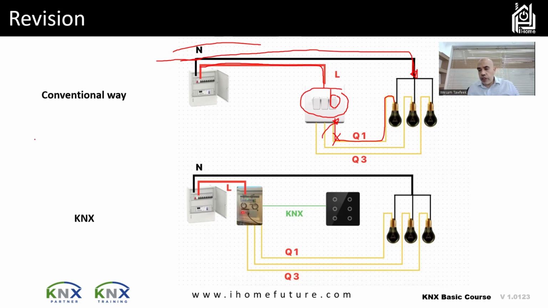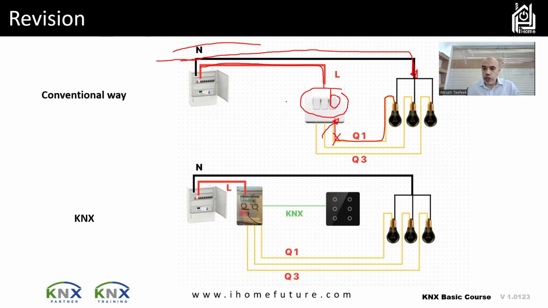What KNX did is to separate that, and this is what all smart home devices did, but KNX is doing it in a different way. KNX said, okay, I will separate the user interface, which is the keypad, like this keypad as an example, from the connection of the load.